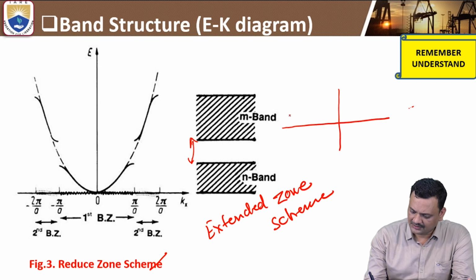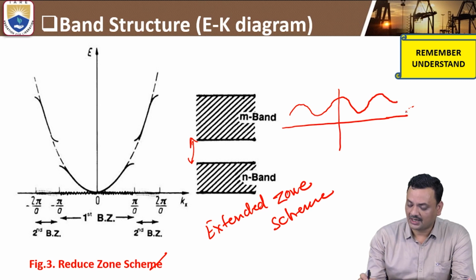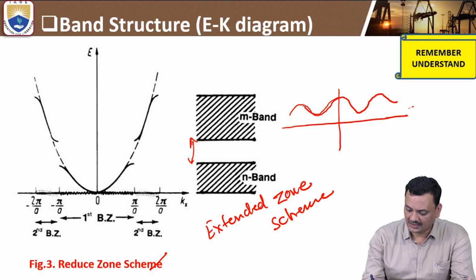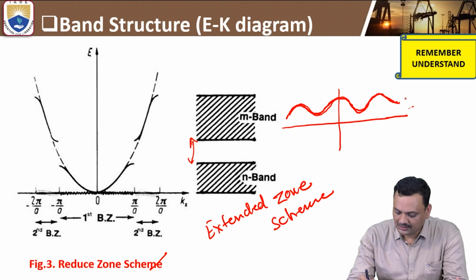What I am telling is, suppose this is your first allowed energy eigenstate, or energy eigenvalue.